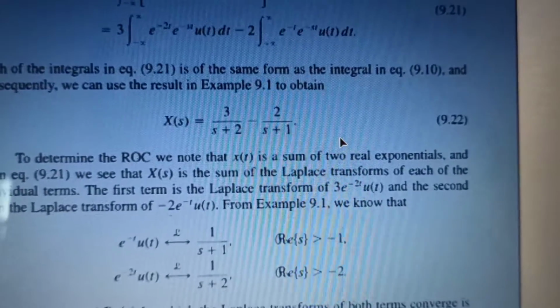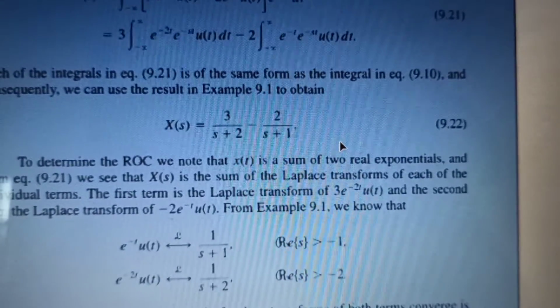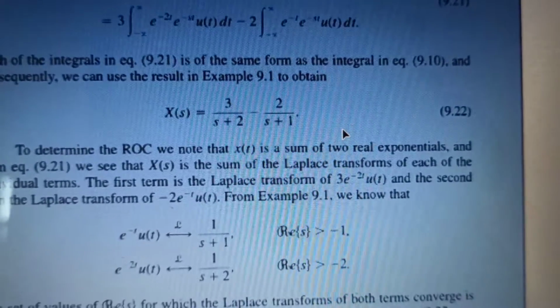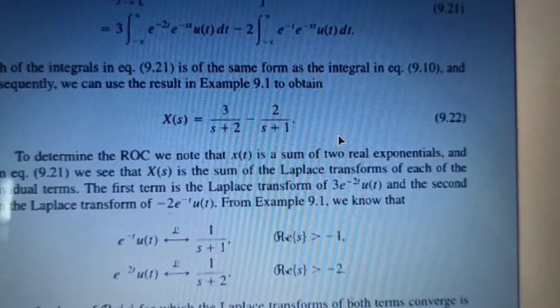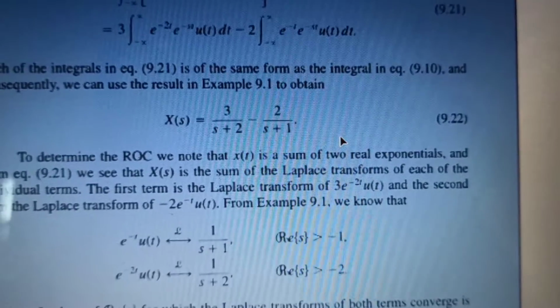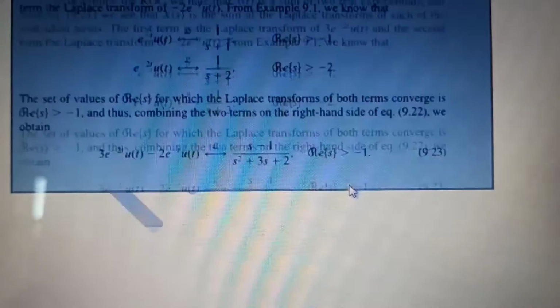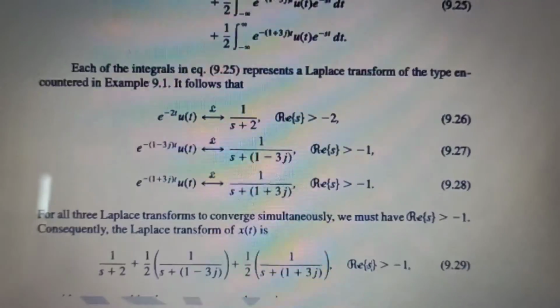If someone asks us, what is a causal system? Causality in the Laplace domain can be understood very easily. I will show that part, how I'll put this causality. So simply go to this slide.